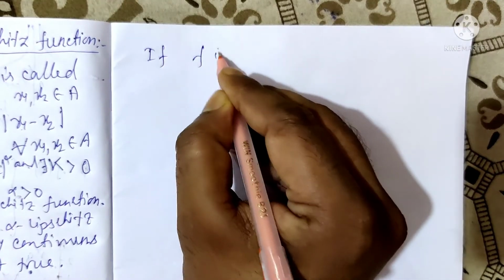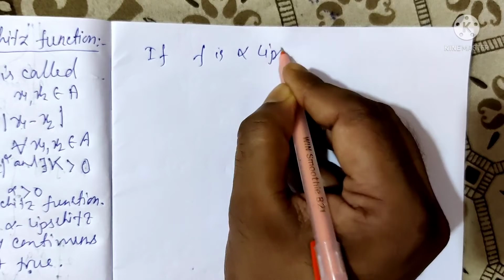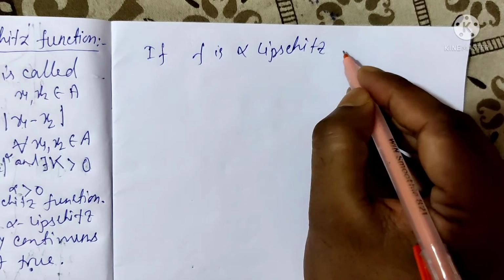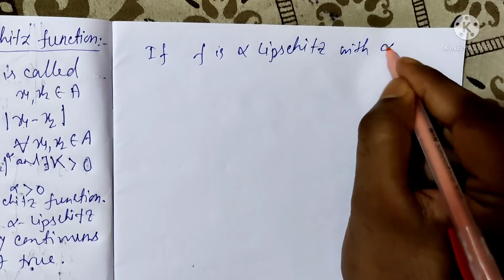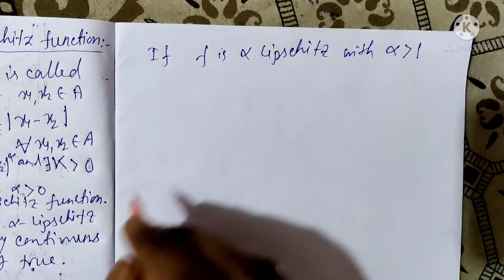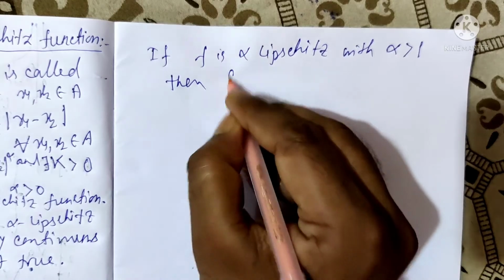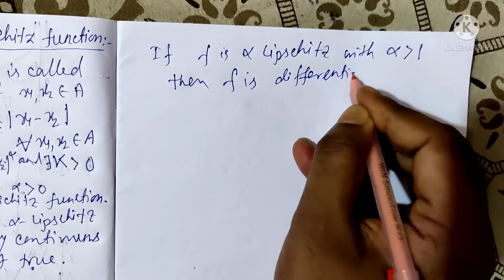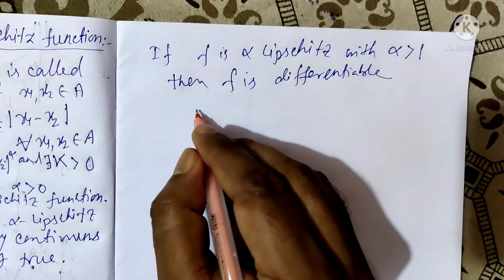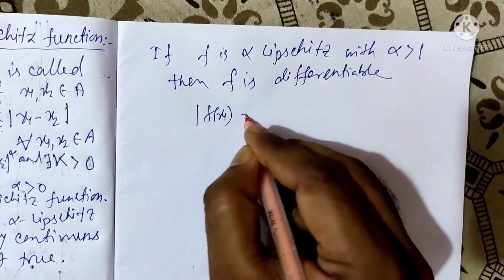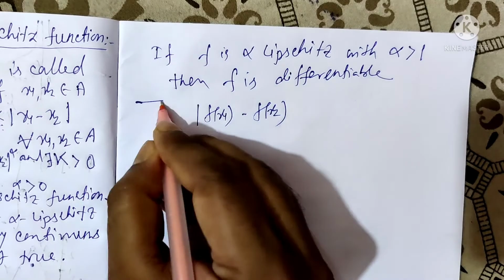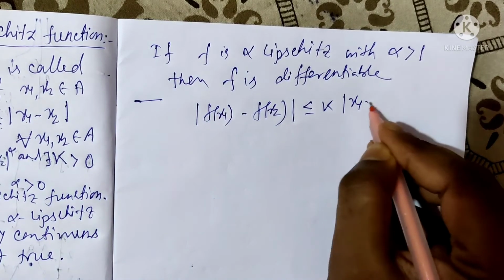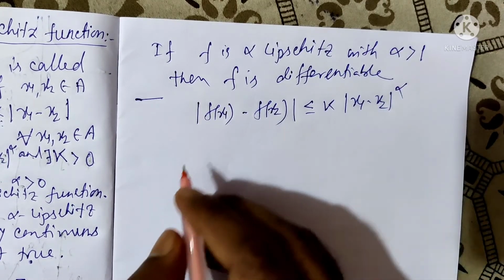If f is alpha Lipschitz with alpha greater than 1, then f is differentiable. That is, modulus of f of x1 minus f of x2 is less than or equal to k into modulus of x1 minus x2 to the power alpha.